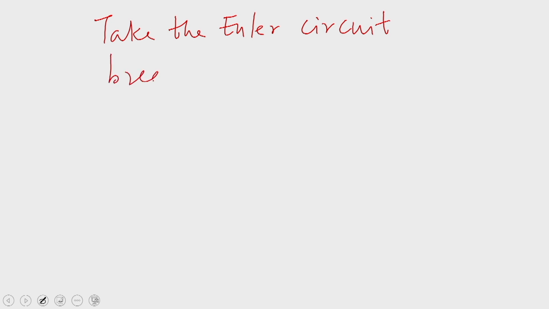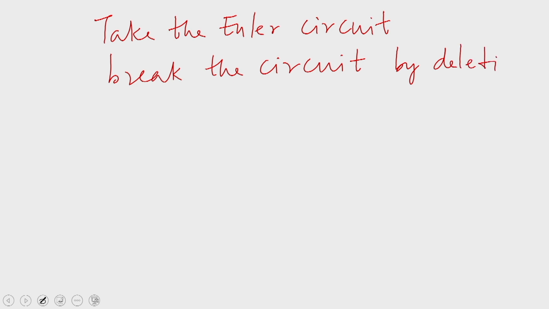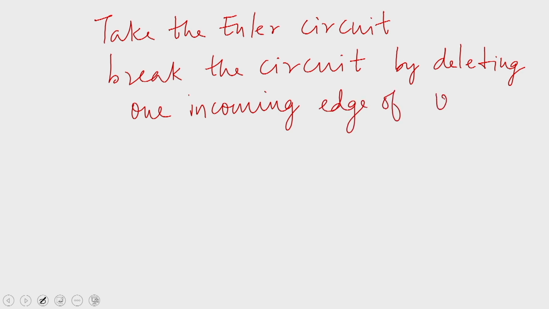break the circuit by deleting one incoming edge of vertex V. Now the circuit has become a list.